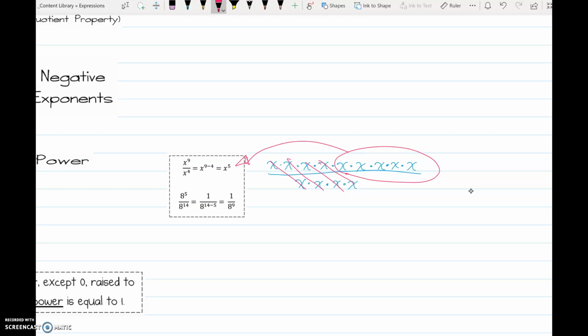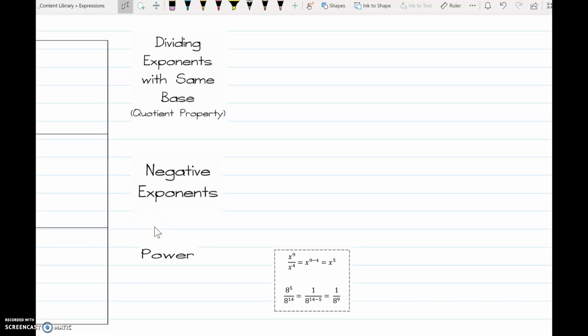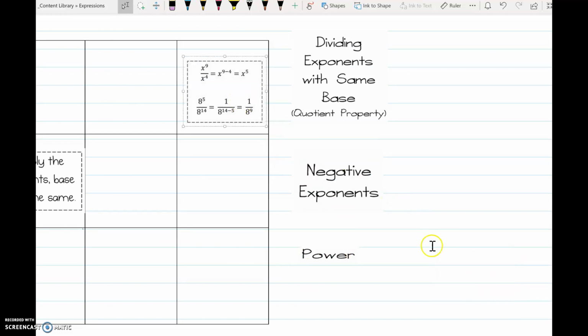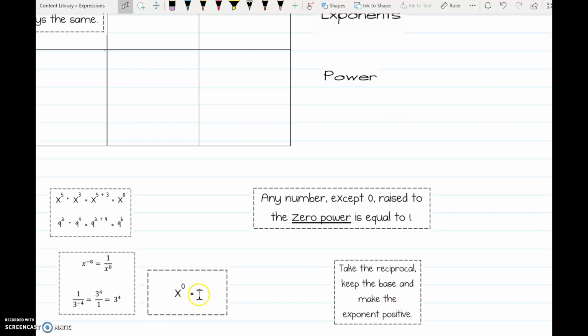All right, so let's go ahead and find our division rule and drag that over. There we go, dividing exponents with the same base. And then we need to find the rule about keeping the base and just subtracting the exponents.